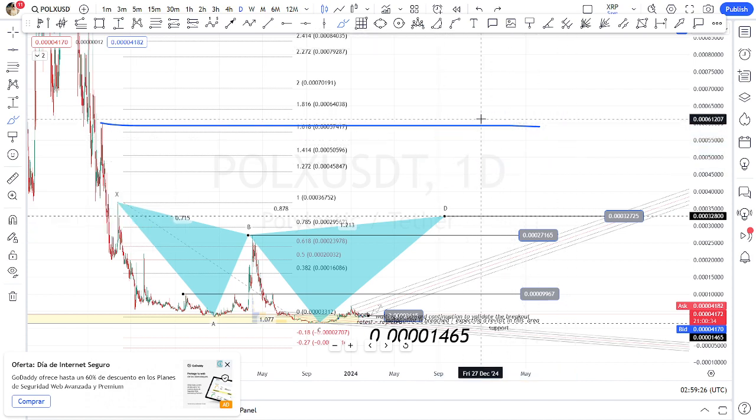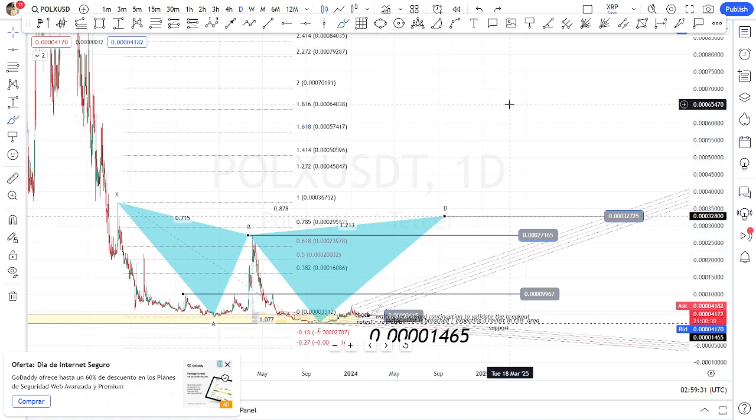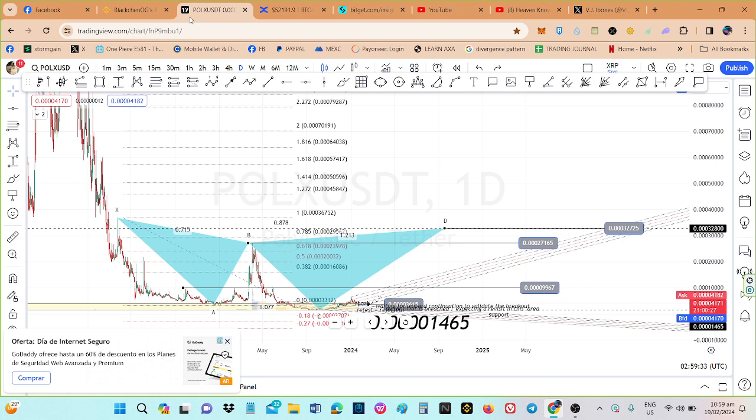We need that market cap to push the price here. Let's try to calculate.